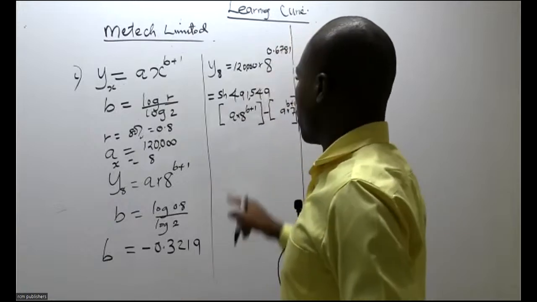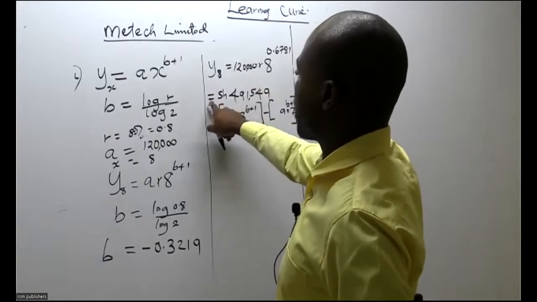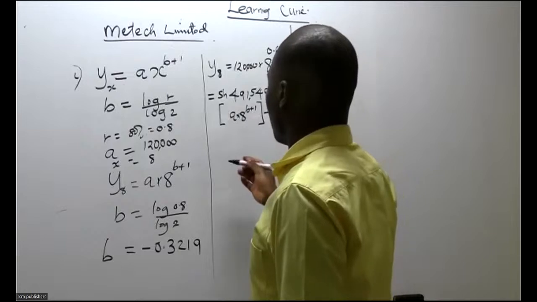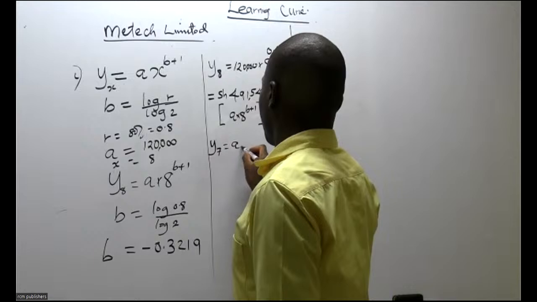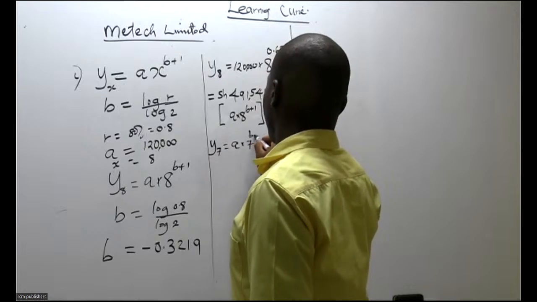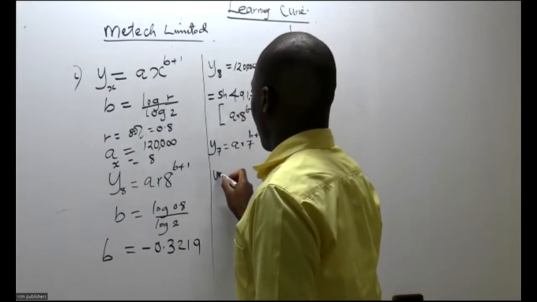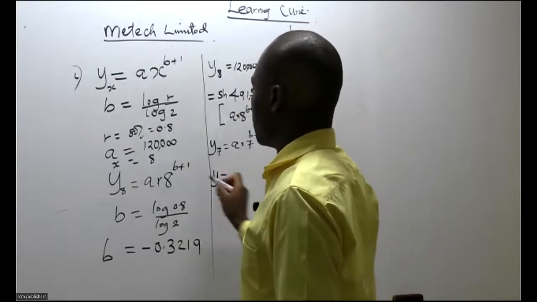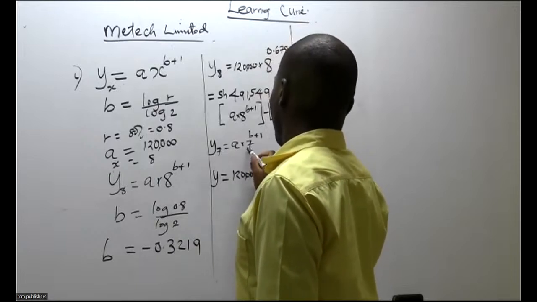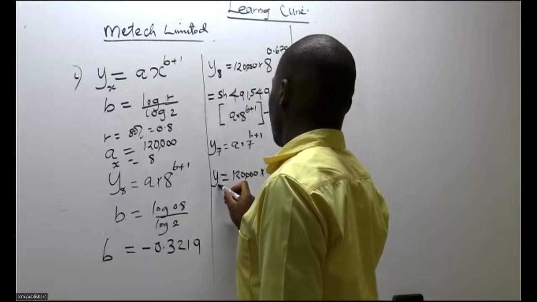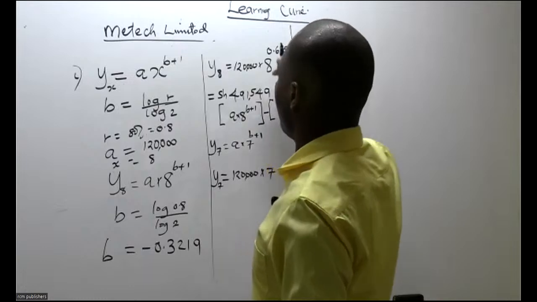Because we already have the cost of producing the first 8 batches, which we've calculated here, what we need to look for is basically y of 7 equal to a times 7 raised to power b plus 1. Your a does not change, times 7 raised to power b plus 1.